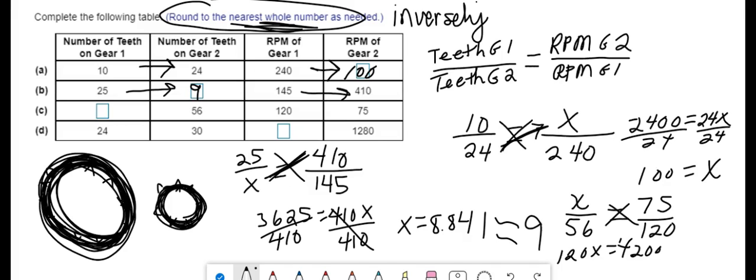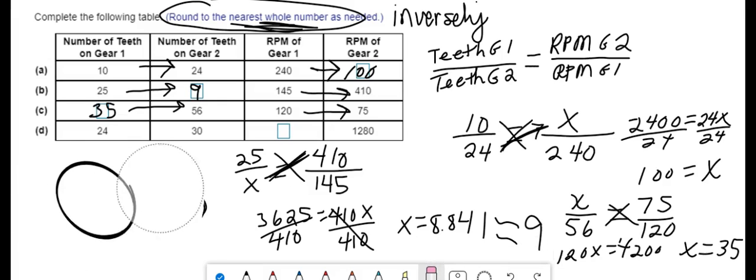Divide that by 120, we get x equals 35. Whoops, wrote that in the wrong place. So now that's 35 here. Make sure that it makes sense. As the teeth go up, this number should go down. Yes, that makes sense, according to the fact that we said it's inversely proportional.